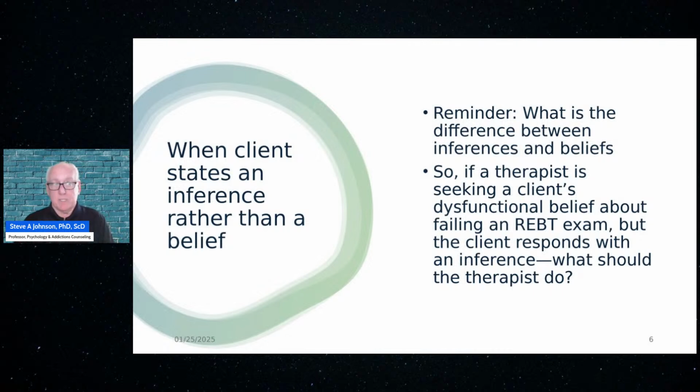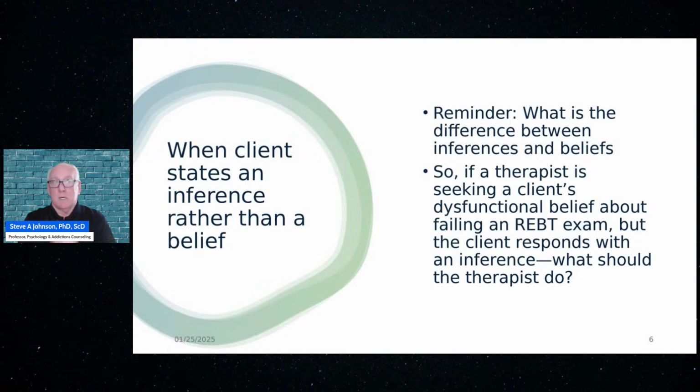Let's say someone is depressed, and the inference that they have is that they lost their job and they're depressed. And I said, what were you telling yourself? And they say, oh, I'm not going to be able to get another good job. Well, that's not a belief. That's not a demand.